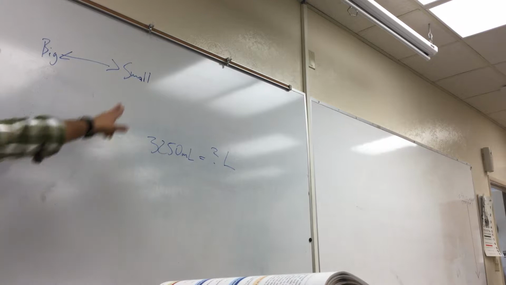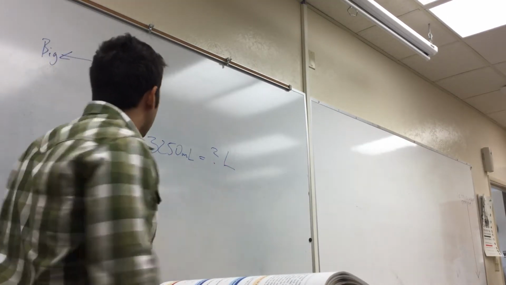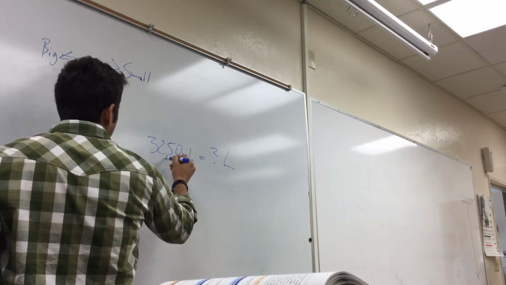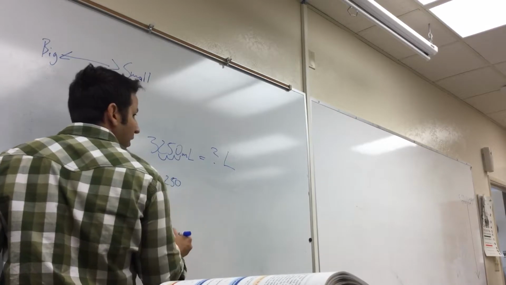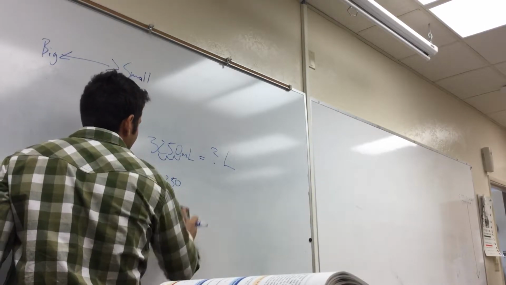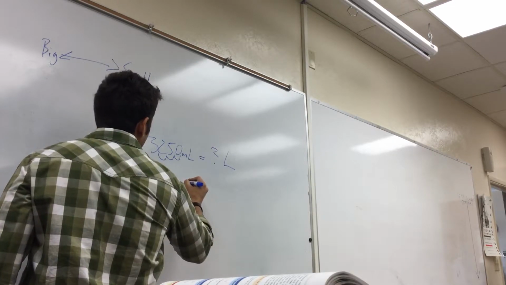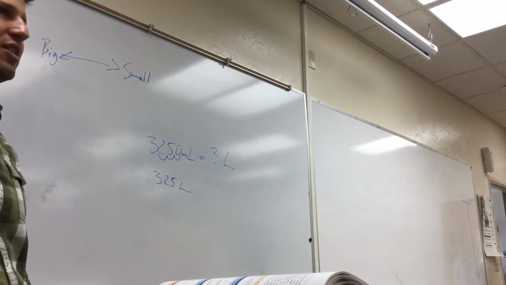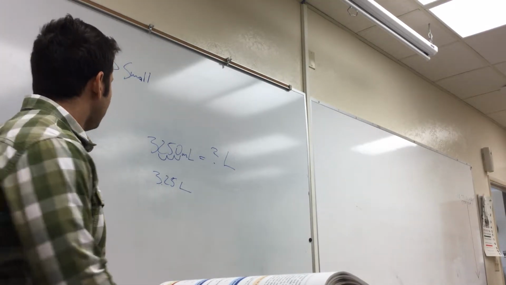I'm going from small to big. So how many places? Three. Wrong. Still wrong. I just don't know. Did I do something wrong? Okay, 3.25 liters.